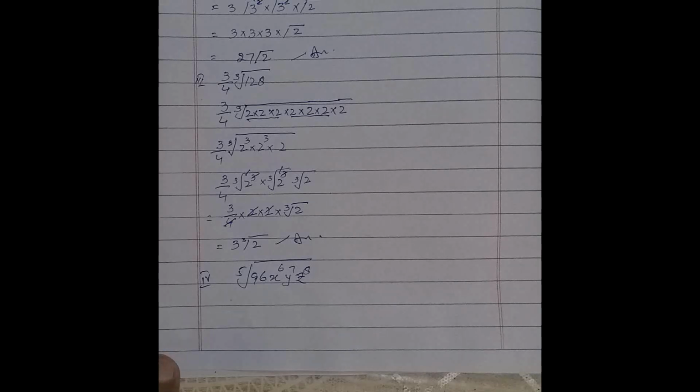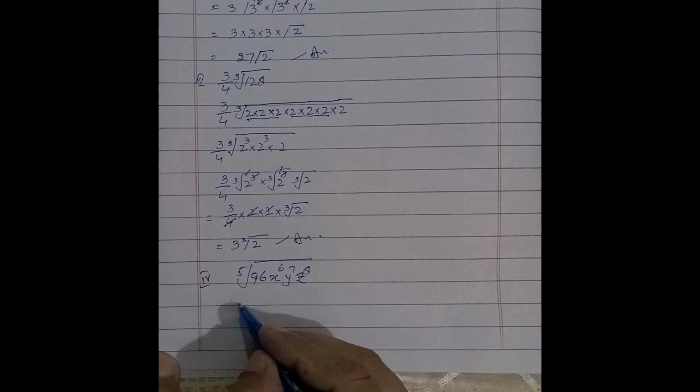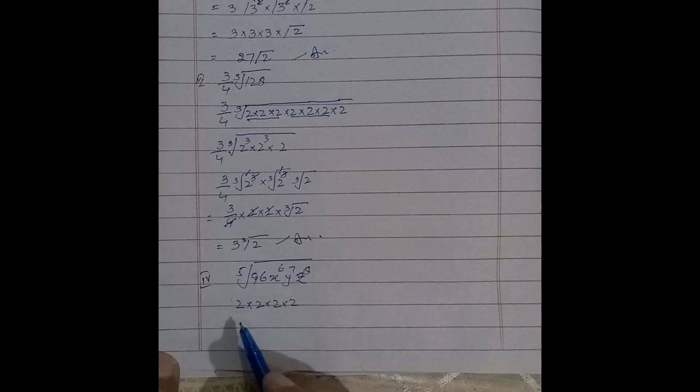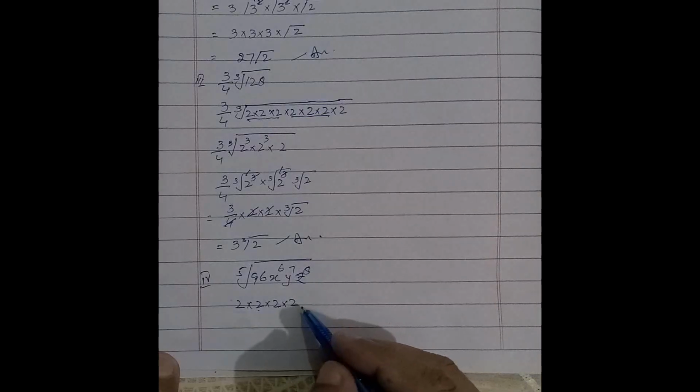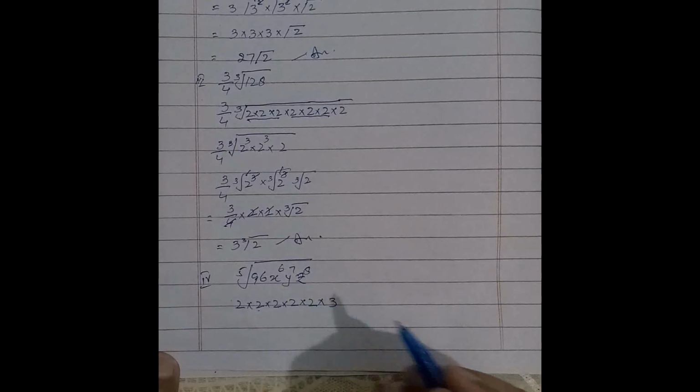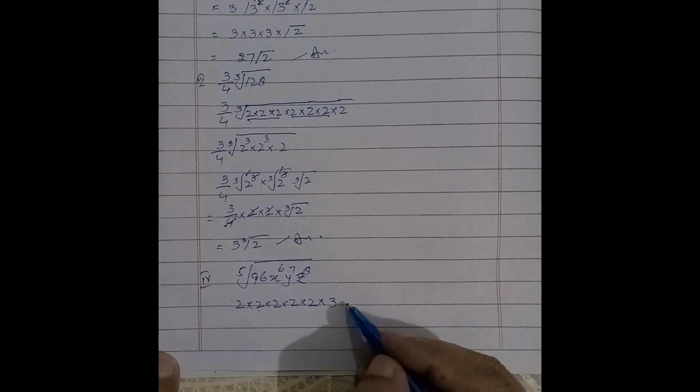First we take the prime factors of 96, which are 2 multiplied by 2 multiplied by 2 multiplied by 2 multiplied by 2 multiplied by 3. 2 twos are 4, 2 fours are 8, 2 eights are 16, 2 sixteens are 32, and 32 threes are 96.